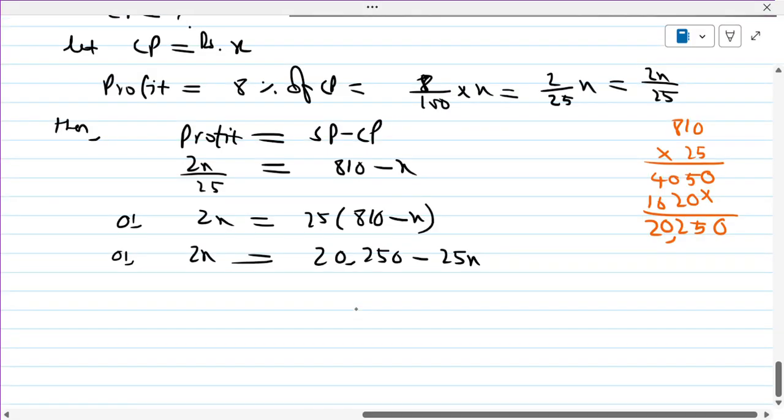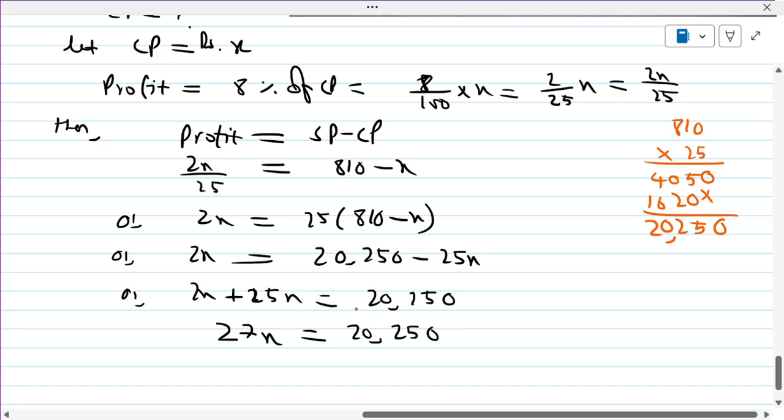Now bring this 25x on the left side, right? So 2x plus 25x equal to 20,250 we get, is it? And then we get there added 27x equal to 20,250. So it will become x equal to 20,250 divided by 27, is it?